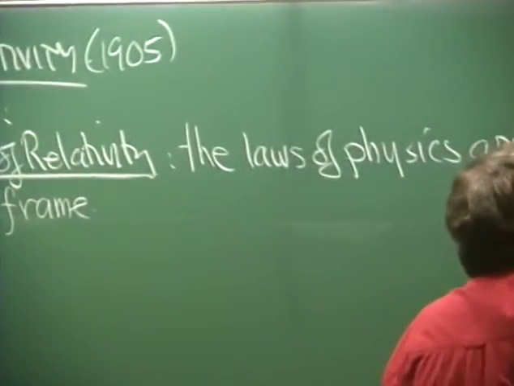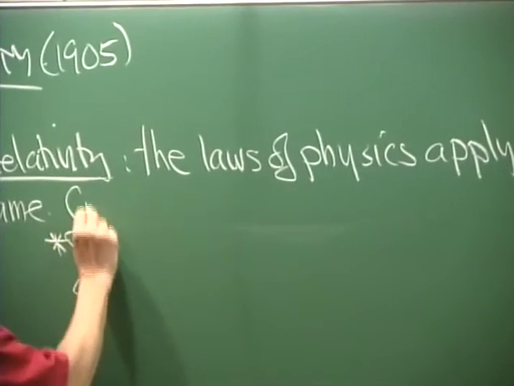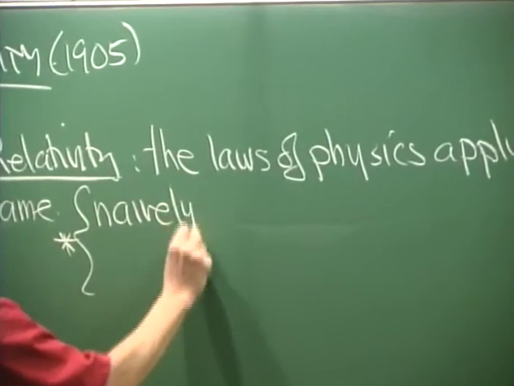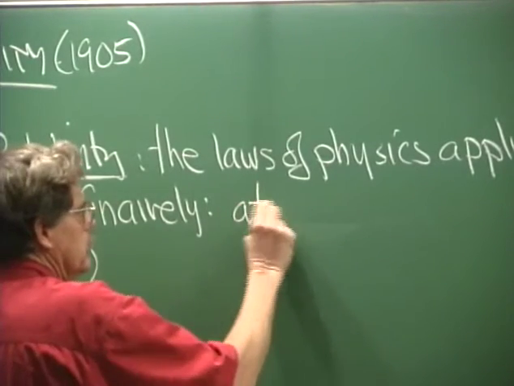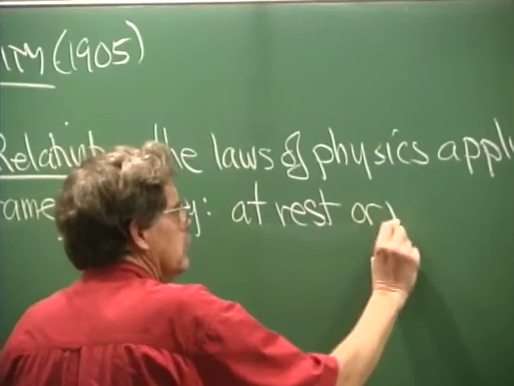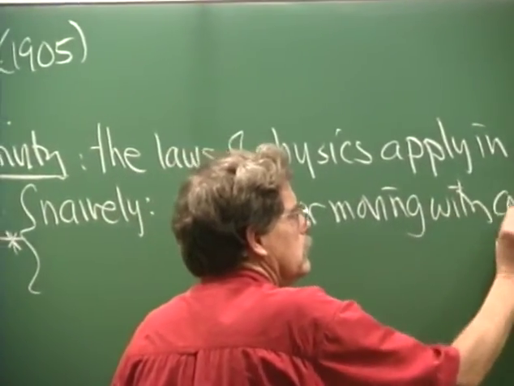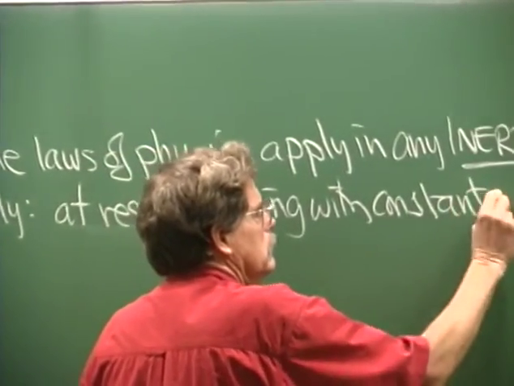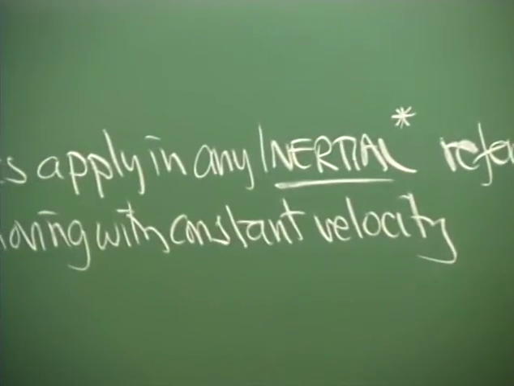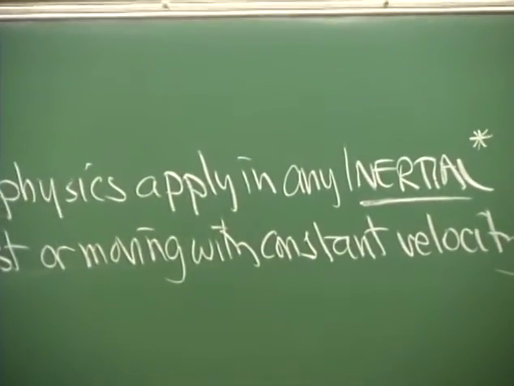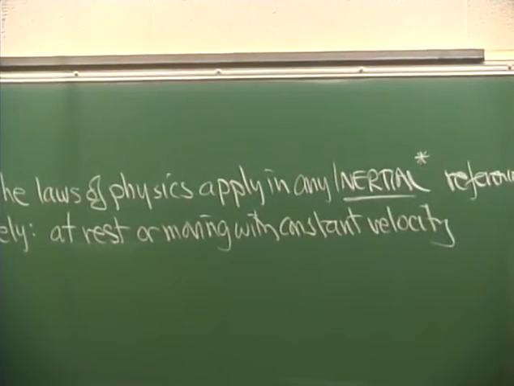What does inertial mean? Well, naively, it means at rest or moving with constant velocity. As I was mentioning at the end last time, that actually is a defective definition, because how would you know if a system is at rest?